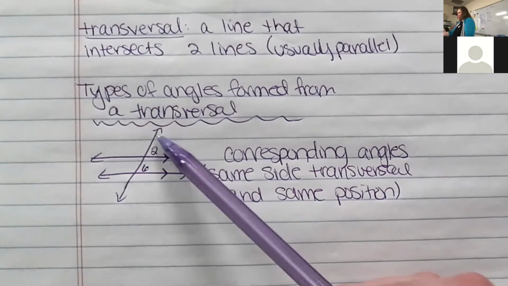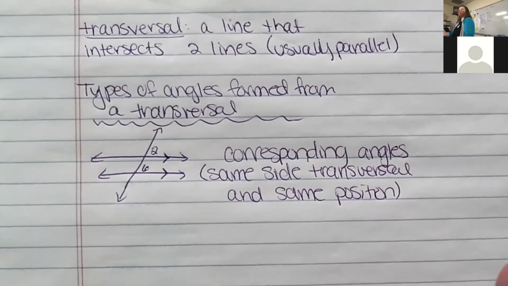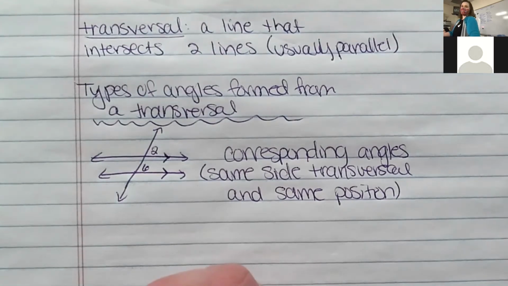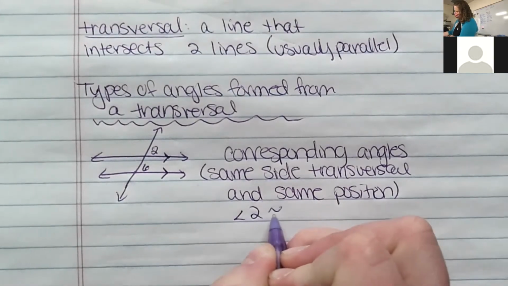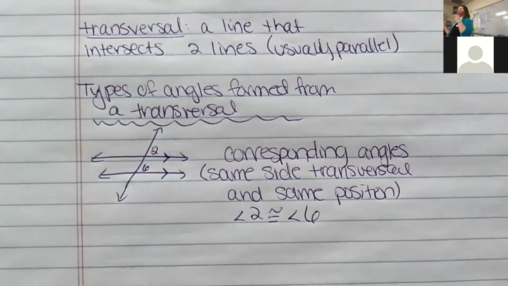What do you think about angle 2 and angle 6? They look the same. Actually, when you have parallel lines and a transversal that cuts them, they are congruent. So angle 2 is congruent to angle 6. They're congruent.